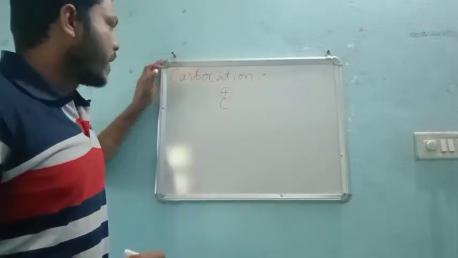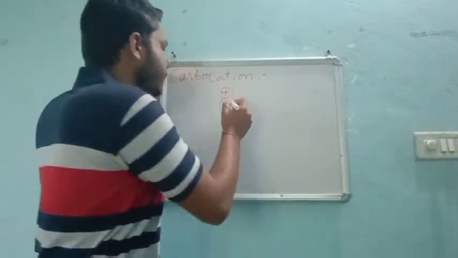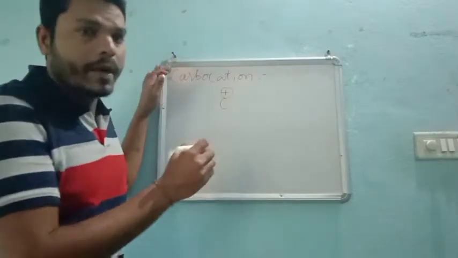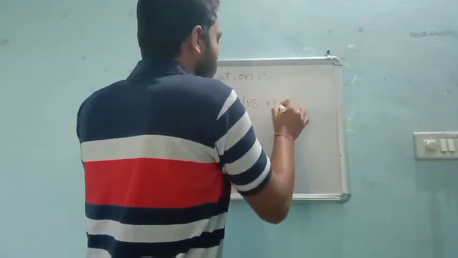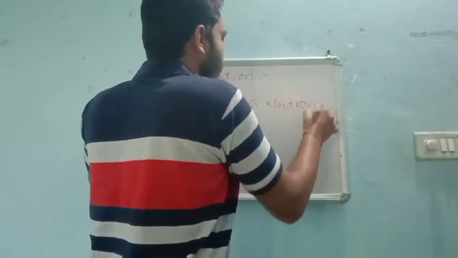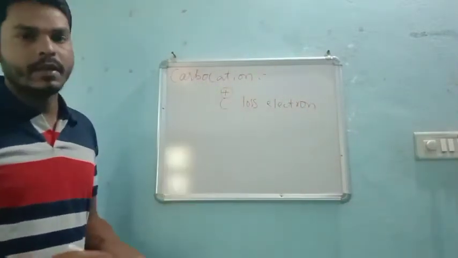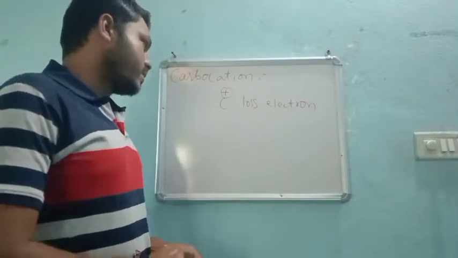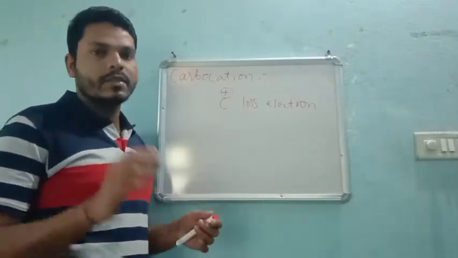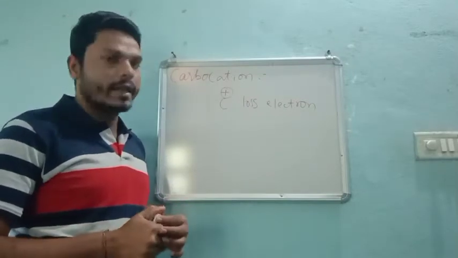So this carbocation is formed by the loss of one electron. That means there is electron scarcity. In this carbocation, the electrons are fewer, as it requires 4 bonds to complete its valency.